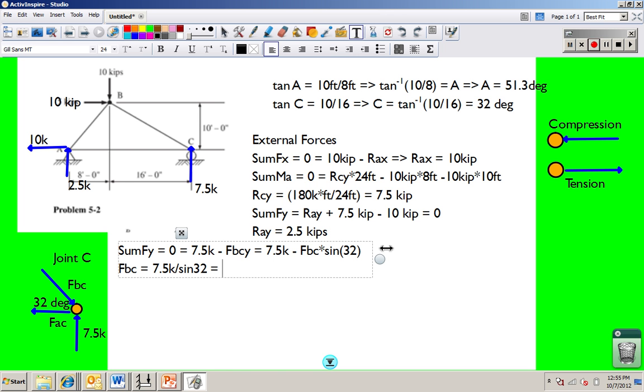So FBC is going to be equal to, let's see what I got here, 14.2 kips. Okay, and let's look at how we drew that so we'll know whether that's tension or compression. It's going towards the joint, so we said that is compression.